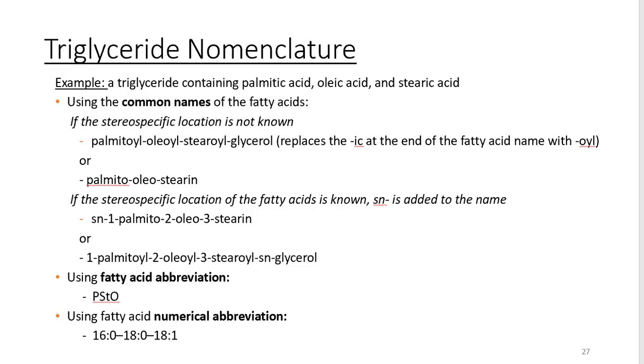As an example, we have a heterogeneous triglyceride here. It contains palmitic acid, oleic acid and stearic acid. Triglycerides that contain different fatty acids are named differently depending on whether the stereospecific location of each fatty acid is known. The nomenclature for these heterogeneous triglycerides replaces the IC ending of the fatty acid name with IN.